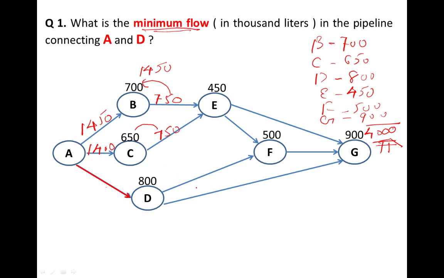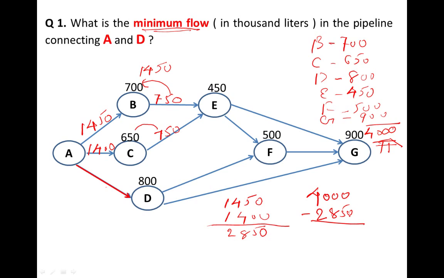So already pipe A to B is 1450, and A to C is 1400. That means a total supply of 2850 is done through the other two pipes. Therefore pipe A to D will be the remaining part, that is 4000 minus 2850, that comes to 1150.